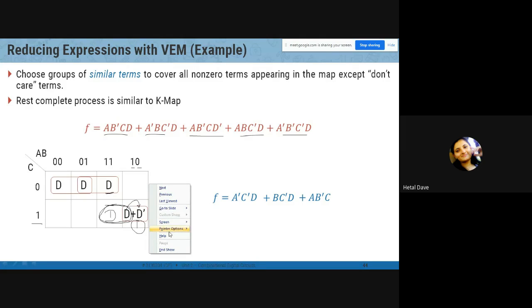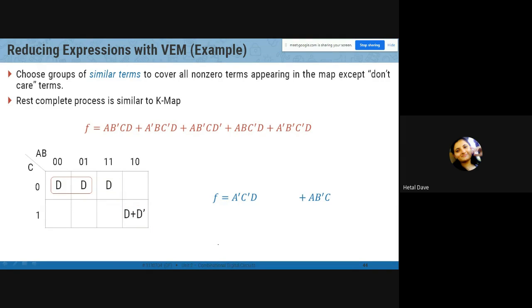Okay, once all these groups are made, then what is our next aim? To make the equation. So the equation rules are the same, only one change is there. You need to start by looking at your MSB. MSB remains the same, but it is 0. So A bar, B is going to be cancelled.